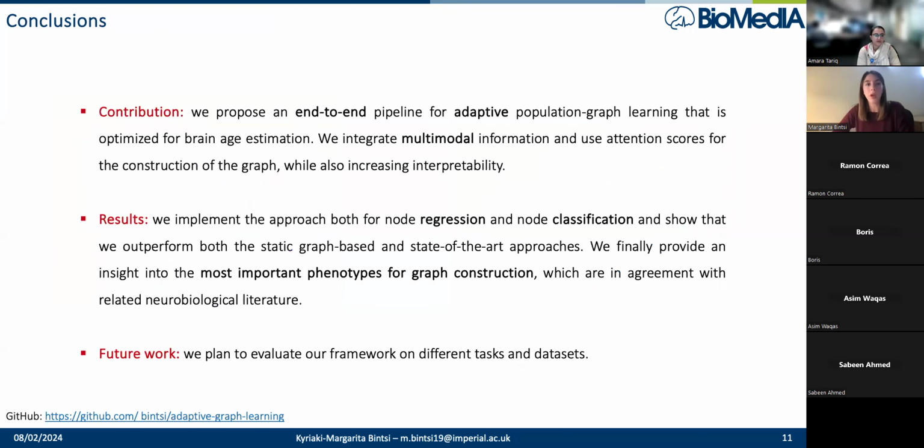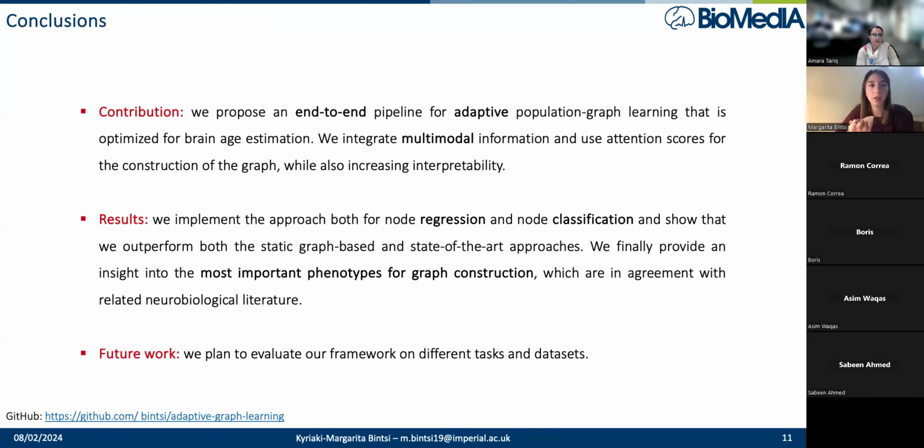All in all, we proposed an end-to-end pipeline for adaptive graph learning, where the graph is optimized for the task of brain age regression. We integrated multimodal information, which is some imaging information and some non-imaging information. And we used attention scores in order to construct the graph, which also allowed us to increase the interpretability.